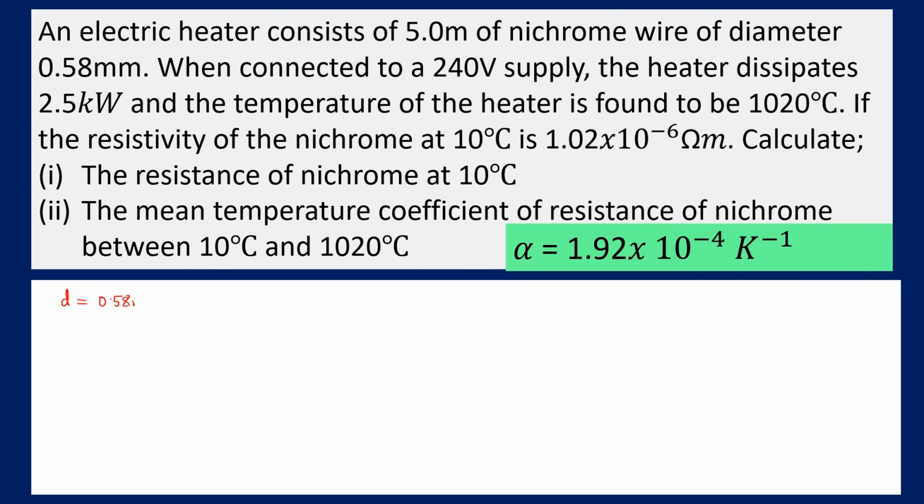They have told us that the length of the wire is 5 meters. When connected to a 240 volt supply, the heater dissipates a power of 2.5 kilowatts. Convert that to watts, this becomes 2,500 watts.